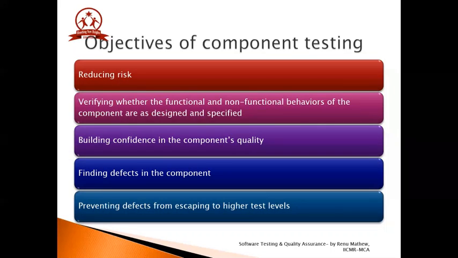The objectives of component testing are reducing risk of the component, verifying whether the functional and non-functional behavior of the components are as designed and specified, to build confidence in the component's quality, to find defects in the component and preventing defects from escaping to higher test levels.